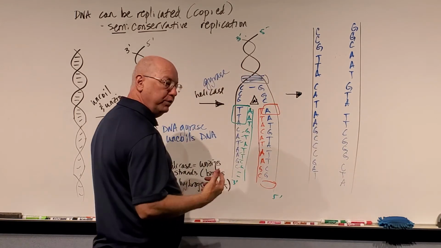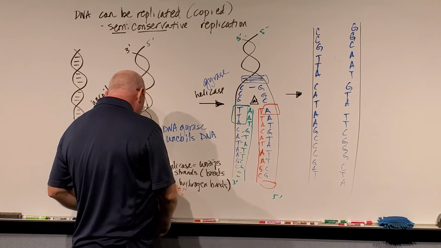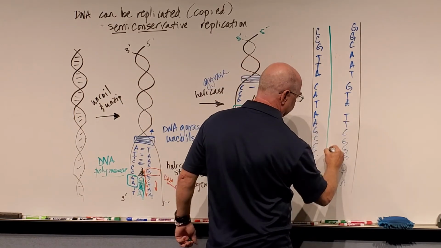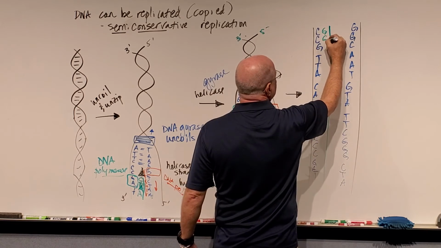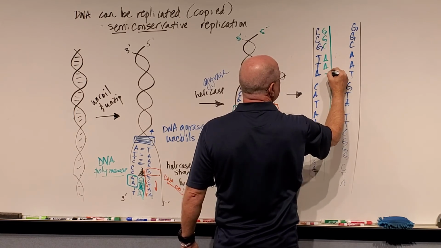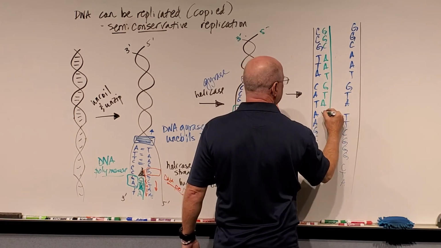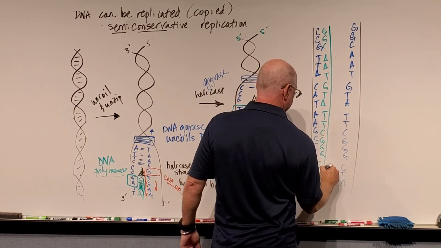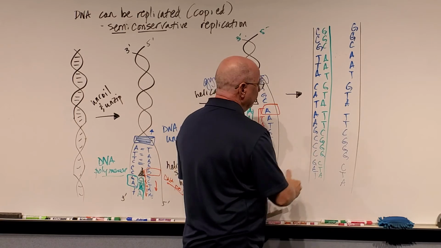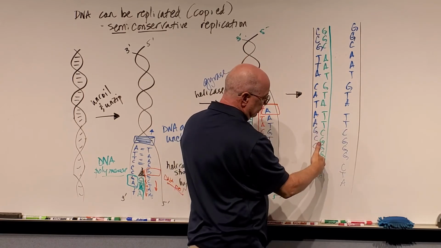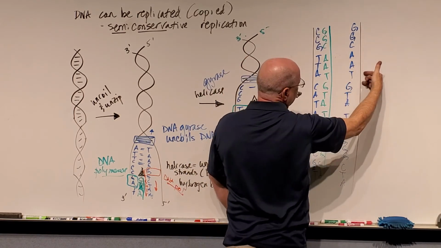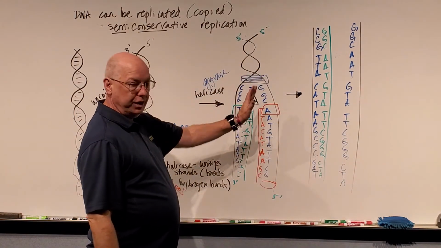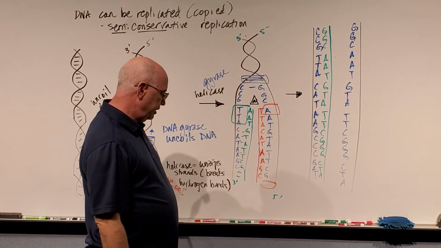Those are my two original strands. My new strands will look like this. On this molecule, it will have GGC, AAT, GTA, TTC, GGG, CTA. And if I look at it, this new strand here in green is the exact same base sequence, if I did this correctly, as my original complementary strand.